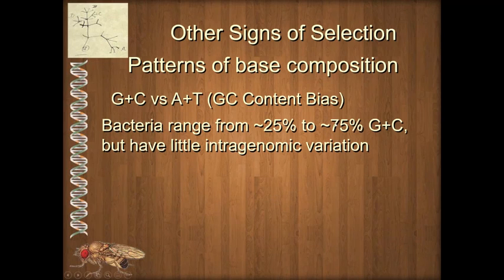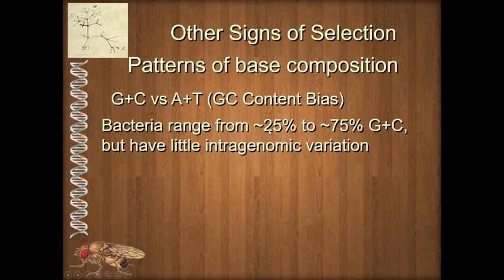Bacteria have a fairly wide range in GC content. However, within a genome, it is largely consistent. So if I was looking at a bacterium that had a 25% GC content, right, fairly low GC content, I would expect to see roughly that same GC content over the entire genome. I would not have an area that was 80% GC and 75%.